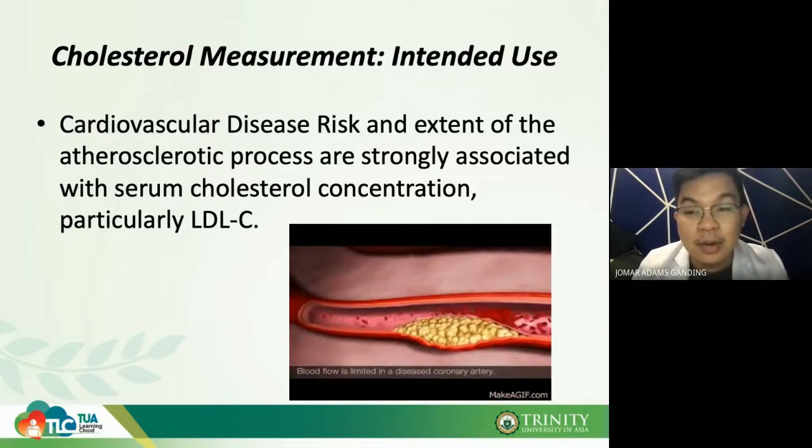The reason why a lot of people thought that cholesterol also requires fasting is because most of the time cholesterol and triglyceride are being measured together. Kasi nga, because it is a lipid profile. You have your cholesterol, you have your triglyceride together with your HDL, LDL, and VLDL. Okay, that's the problem. But if we're going to be more technical, if we're going to look into your cholesterol, it does not require fasting.